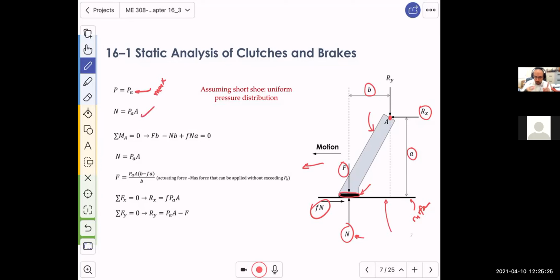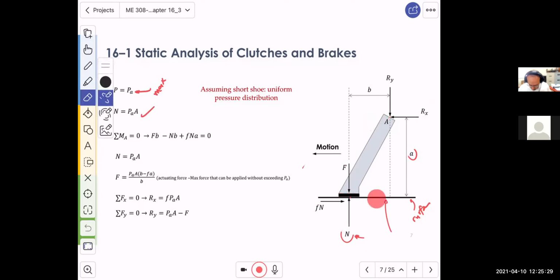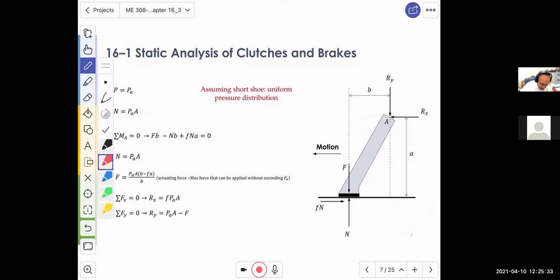Now, if I sum up the moment about A, let me clean this up. This is going to be important to have it clean. Okay. If I take the moment about A, let's start with the actuating force. The actuating force is multiplied by the distance B, and it is causing a rotation which is counterclockwise. So I'm going to call it positive.